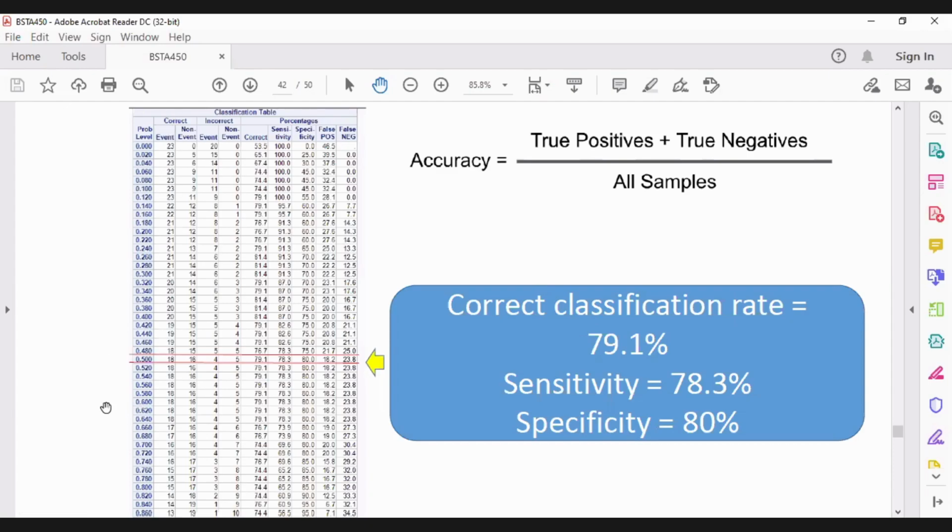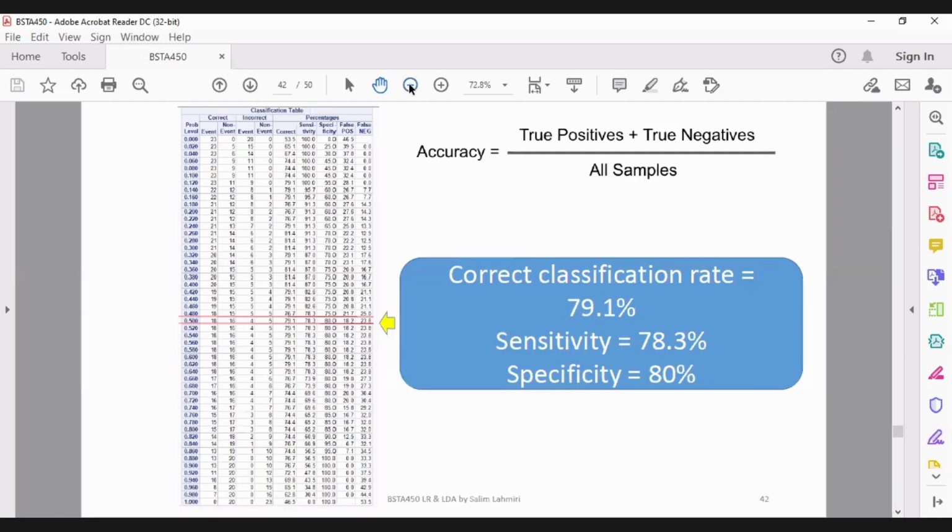The goal of showing you this slide is to know that by varying the cutoff, the cutoff goes from 0 to 1. Midway is 0.5. For the midway, you got a correct classification rate of 79.1%.